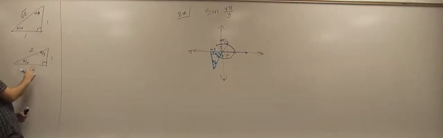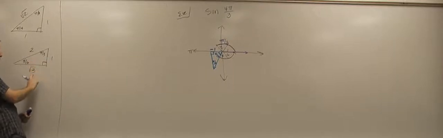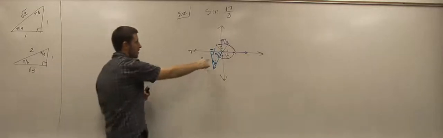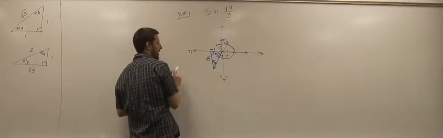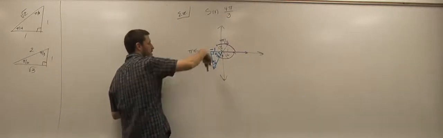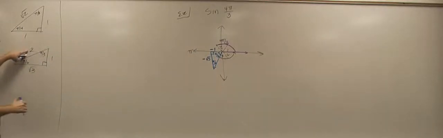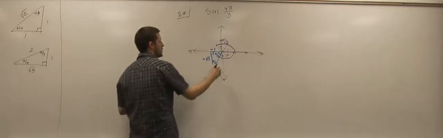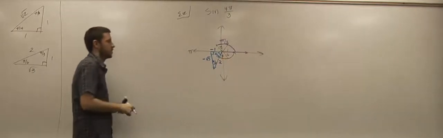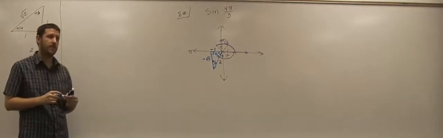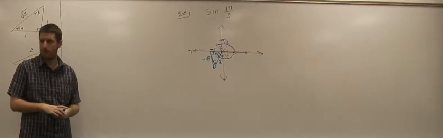Square root of 3. If you look at the triangle here, whatever's touching the pi over 6, that's root 3. So touching the pi over 6 should be root 3. Positive or negative? Negative, because you're going down. And then your r, or your hypotenuse, is 2. R is never negative, ever.